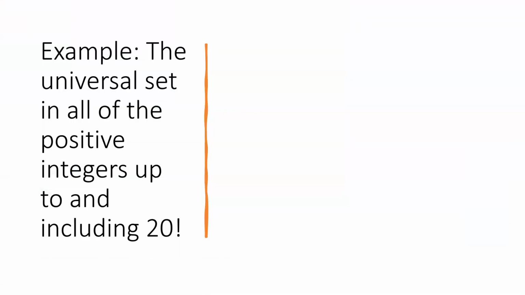Okay, so let's use this as an example. The universal set is all of the positive integers up to and including 20. So I'm using the S as our universal set, equals from 1 up to and including 20.